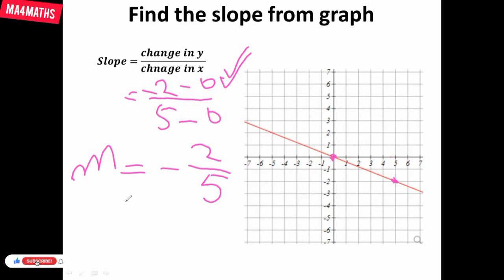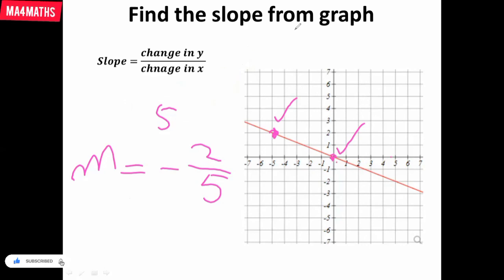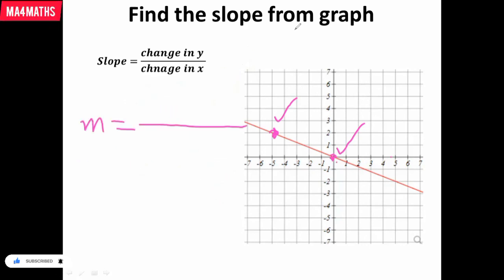One more thing, I can consider any points on the graph. I can also consider these points too. If I consider these 2 points, the first point is (-5, 2) and the second is (0, 0).